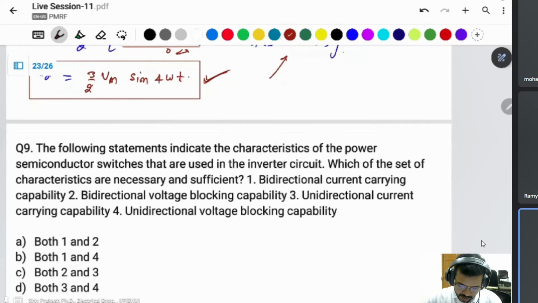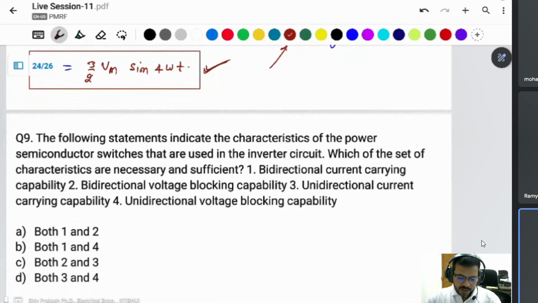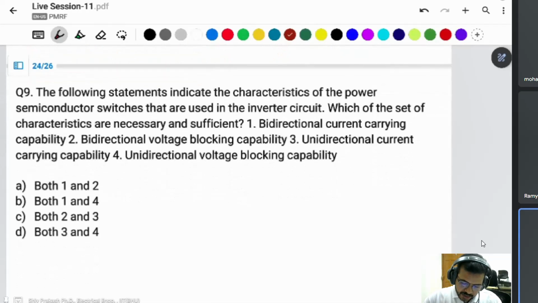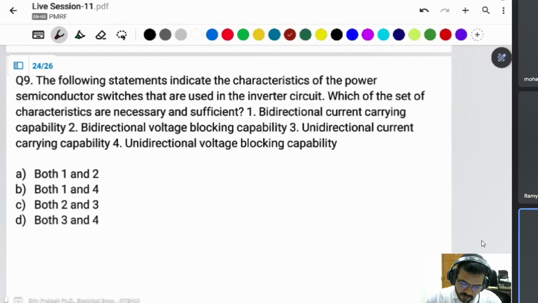Okay, and there's the next question. The following statements indicate the characteristics of the power semiconductor switches that are used in the inverter circuit. Which set of characteristics is necessary and sufficient? First, bidirectional current carrying capability. Second, bidirectional voltage blocking capability.